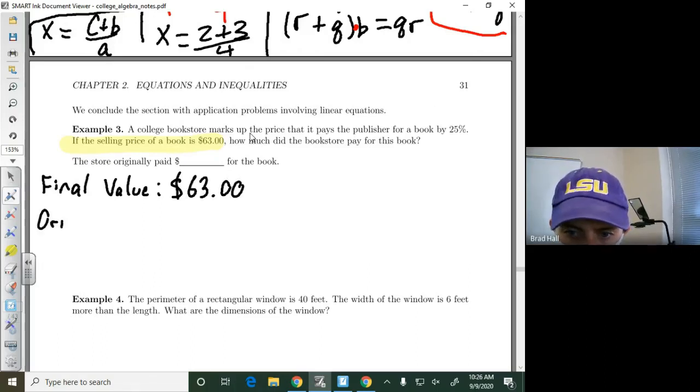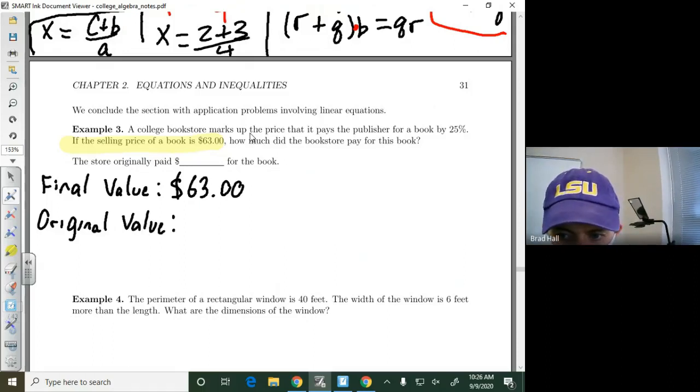The original value is what we're looking for. It's unknown, but in this class, unknown simply means x. That was the original value that the publisher charged the bookstore.